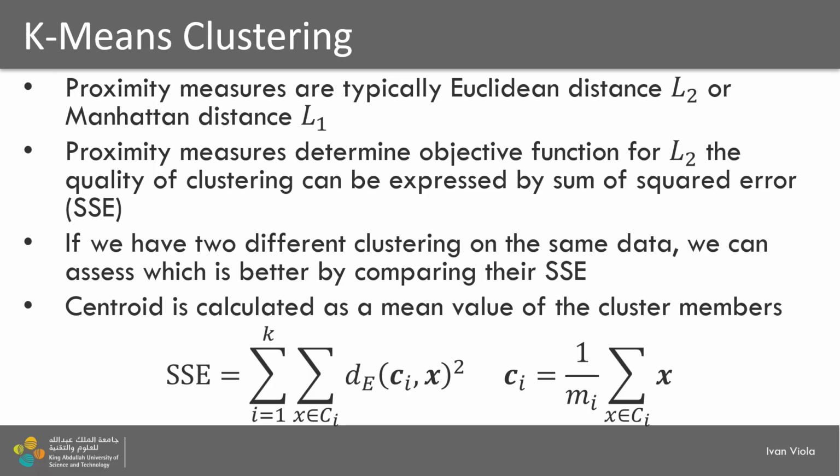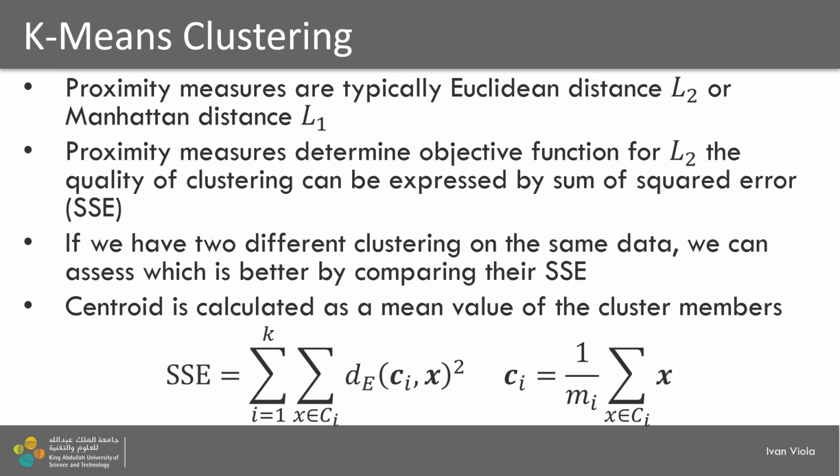We square it and we sum it up. And then we do it for one cluster, and then we sum this error expression over all clusters, and this gives us some quality measure of our clustering scheme. And the cluster center is calculated here as this average position of the points to which it belongs.